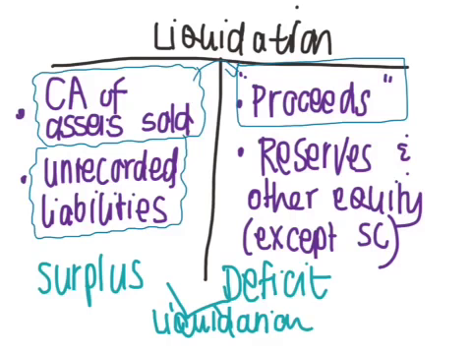Another part of the process is to close off the reserve accounts and other equity accounts apart from the share capital account in the general ledger. So typically this would be a credit entry to the liquidation account because these reserve and equity accounts traditionally sit with a credit balance.